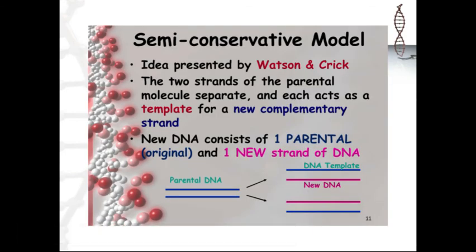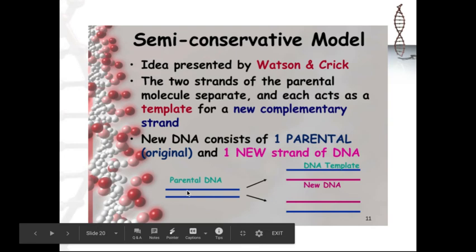Now, I want to throw this out there too, because you may come across it. When they proposed this model of how DNA made copies of itself, Watson and Crick proposed the semi-conservative model for replication, in which each new DNA molecule has one of the original parent strands. So you have your parental DNA.